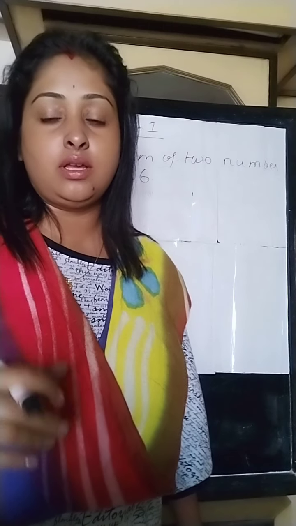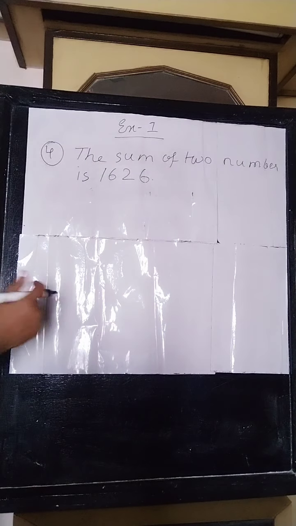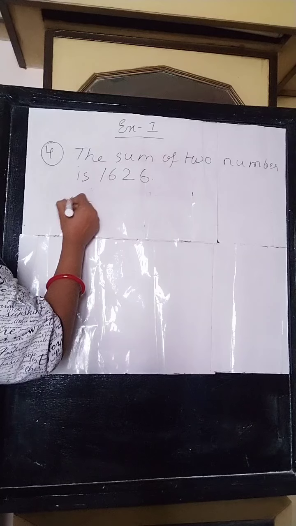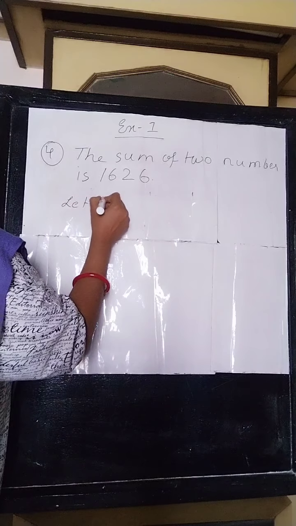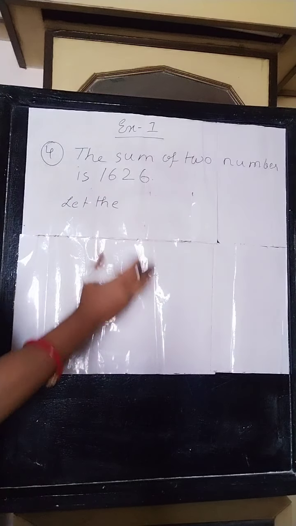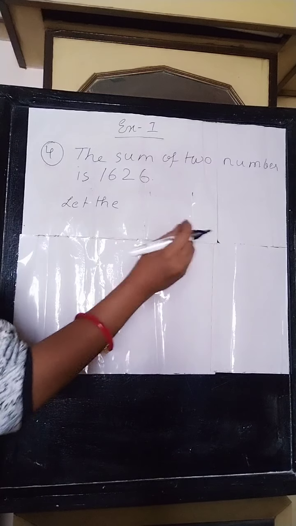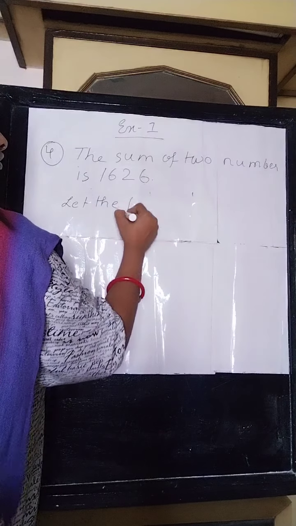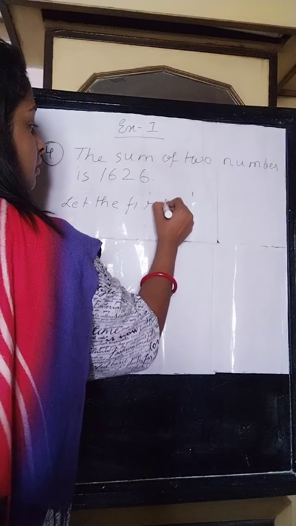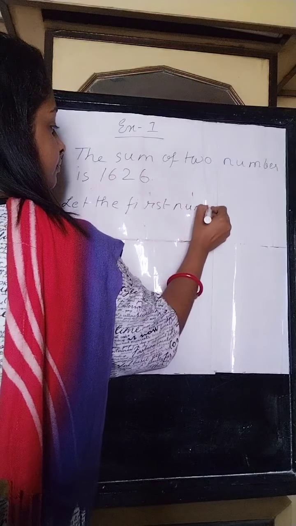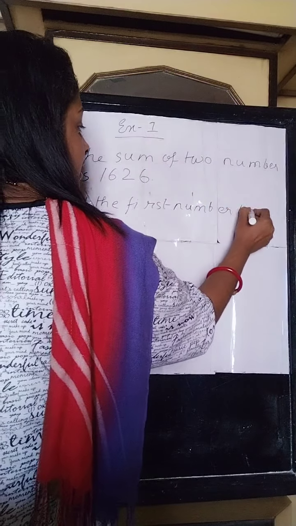One number is twice the other. We have no other hint other than this one. So how will we do it? We will assume the first number as a variable x. Let the first number be x.